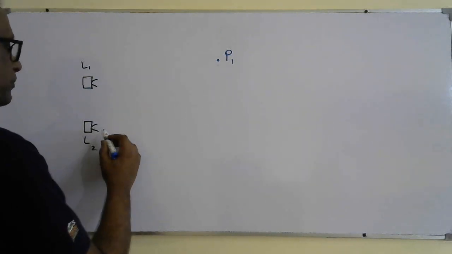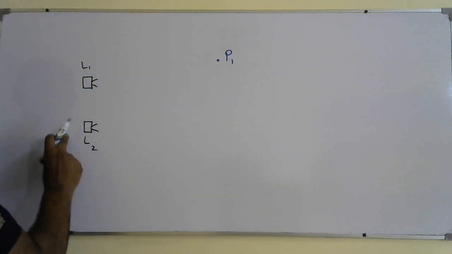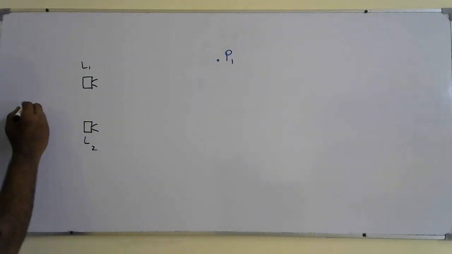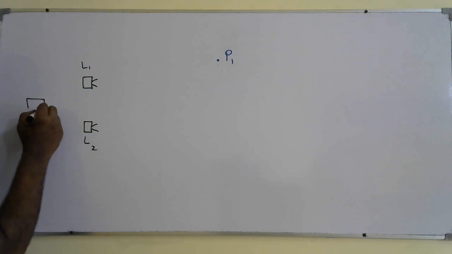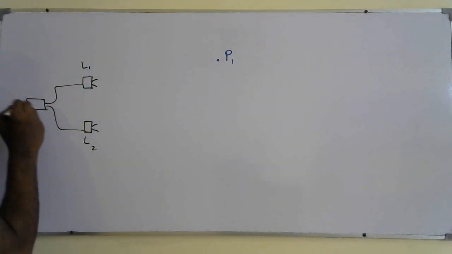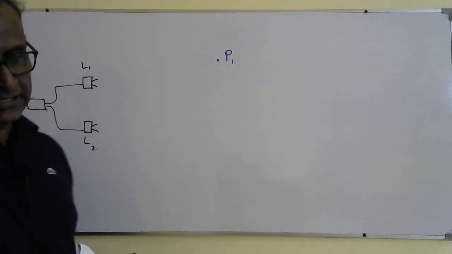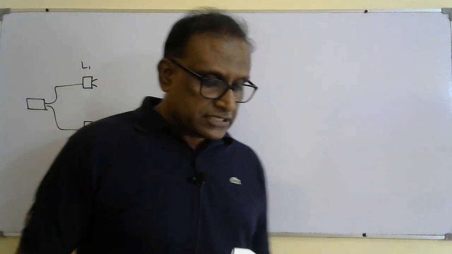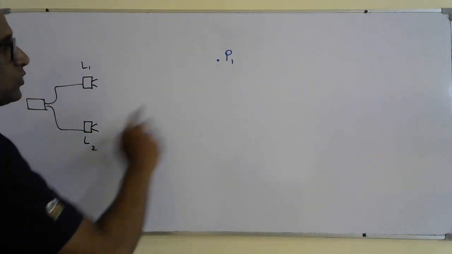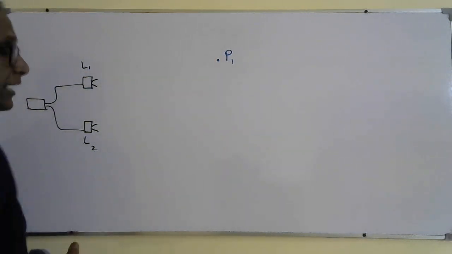The sound emitted from loudspeaker L2 is also reaching the point P1. Both loudspeakers are connected to the same signal generator, which is emitting the same frequency of AC signal. So this is the signal generator, and both loudspeakers will emit the same frequency of sound. So these two sound waves emitted from L1 and L2 are reaching the point P1, and they are going to overlap at point P1.